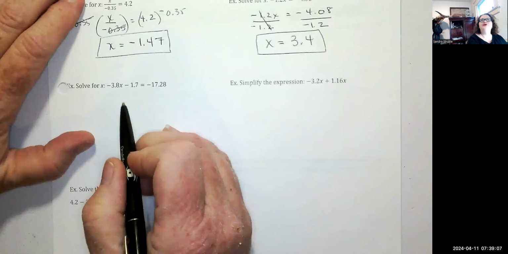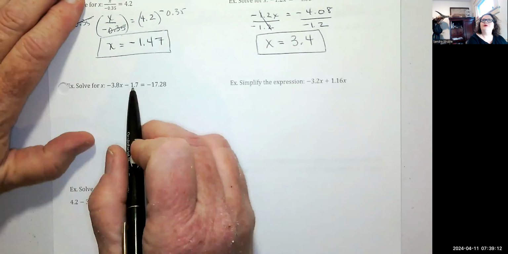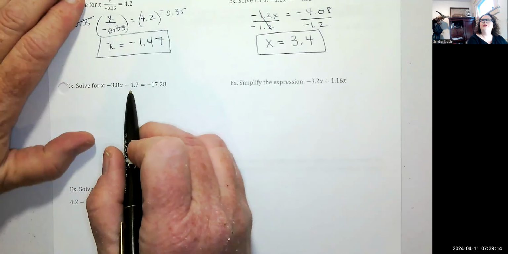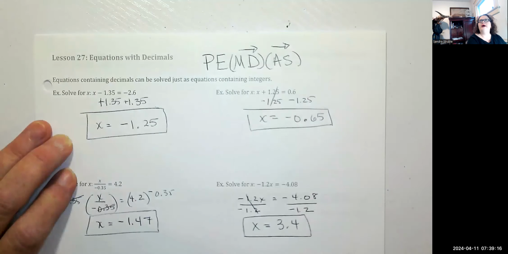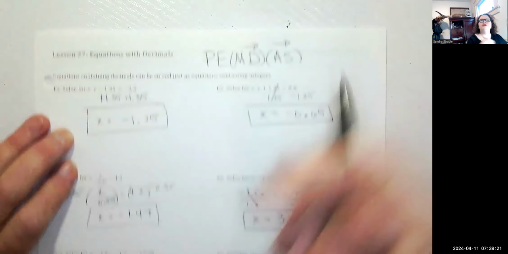But now we're having to do two movements here. Do we do our multiplication or division first, or do we do our addition and subtraction first? Well, when you're solving for x, you work backwards in order of operations. So we have to do the addition and subtraction first.